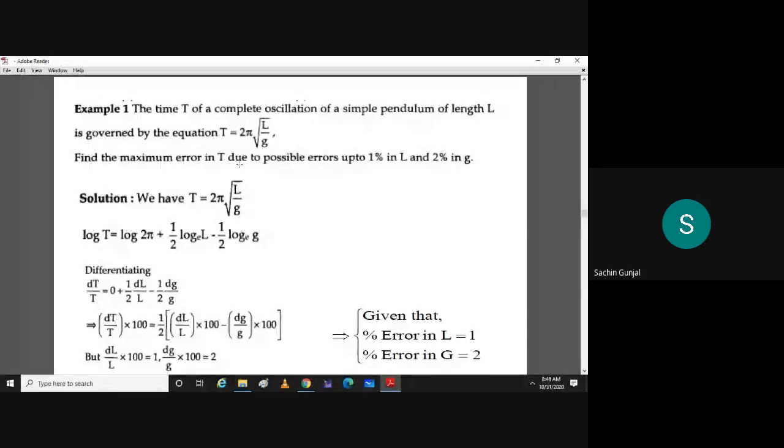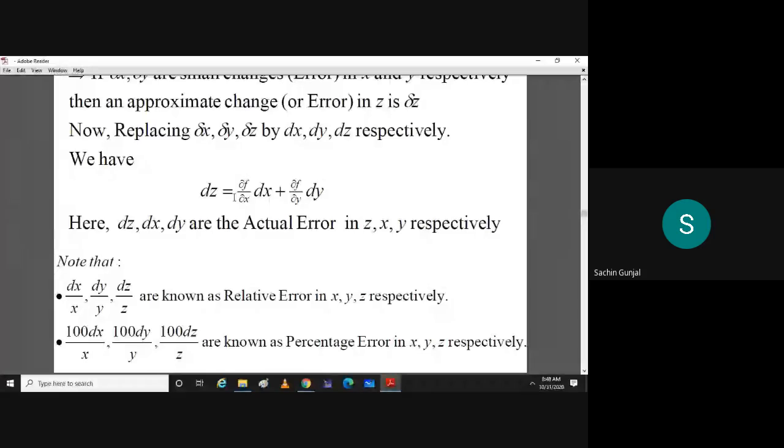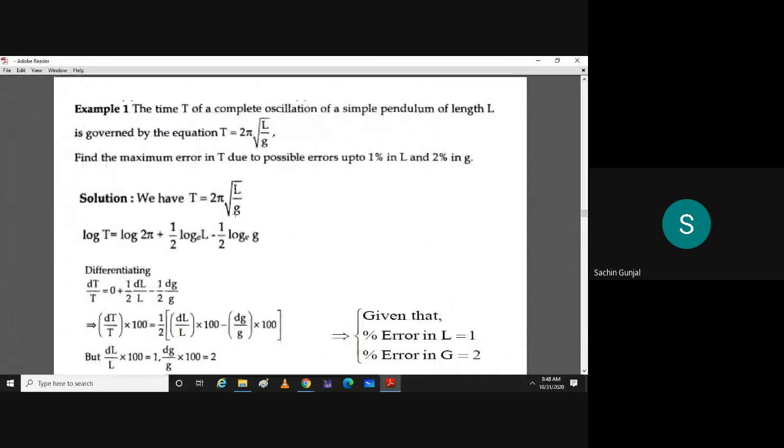Now, what we will have to do is differentiate that function with respect to x and then with respect to y, and then write this expression. So you can see that T is a function of L and G. Instead of direct differentiation, I will apply log on both sides.